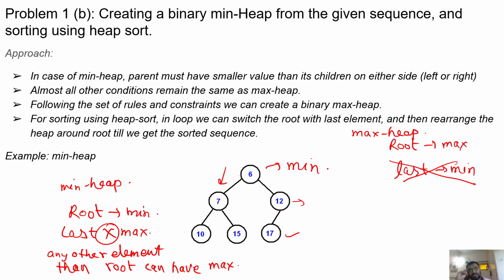In min heap, the root should be maintained at the minimum value, and as we pass on to its children, the value of a child should be greater than the value of its parent. So we are going to use the same concept, and for sorting, we are going to use the same concept.